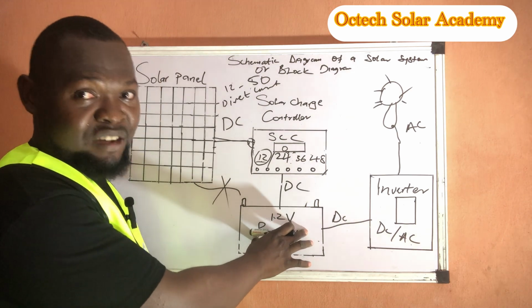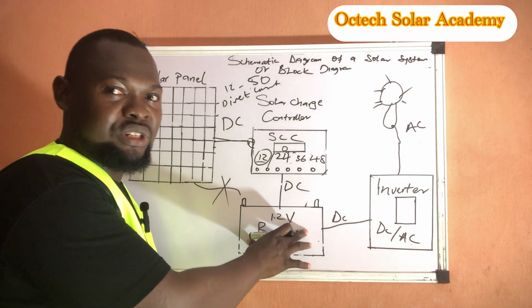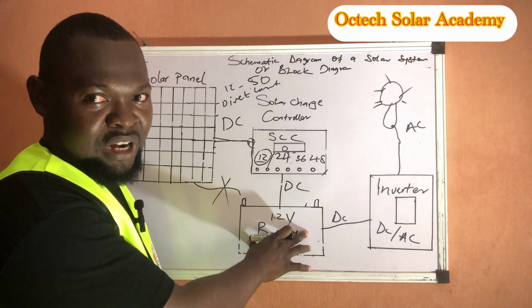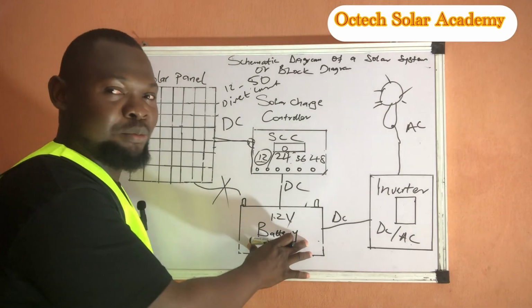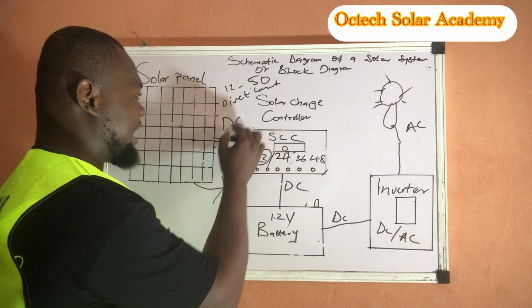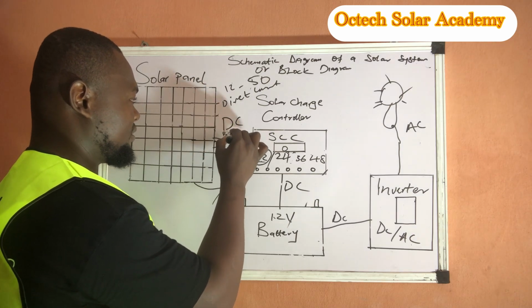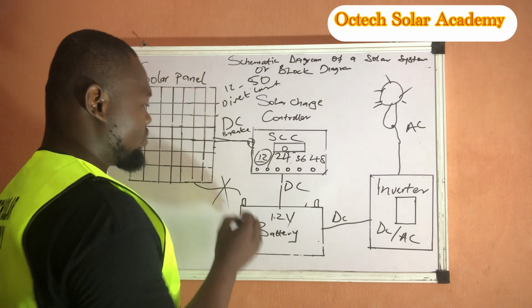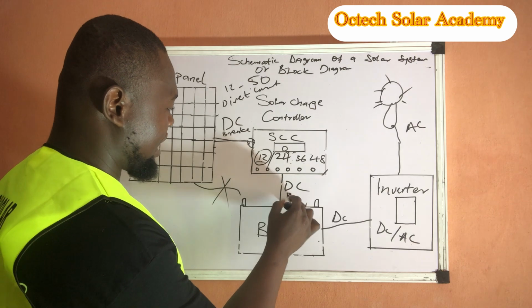So the work of this battery is to supply the energy being stored. This battery is like a reservoir. It stores energy during the daytime for you to use for your conventional appliances at night. Now we have what we call our DC breaker here.